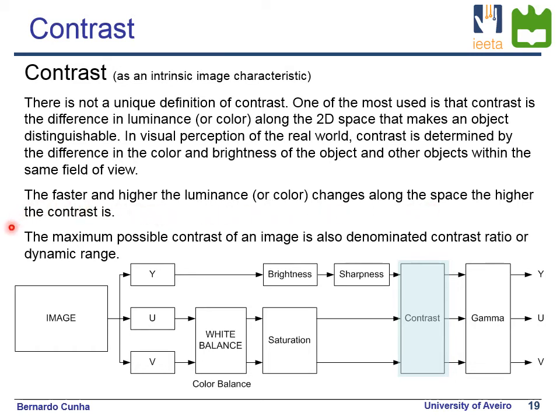And it is also common to state that the maximum possible contrast of an image is denominated contrast ratio or dynamic range. So contrast in this sense, as well as brightness, is also an intrinsic characteristic of the image. But as you'll see in the next slide, we can also manipulate contrast by acting on this particular block of the pipeline.